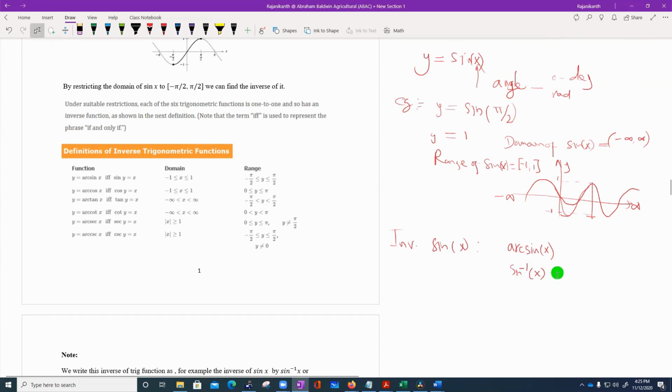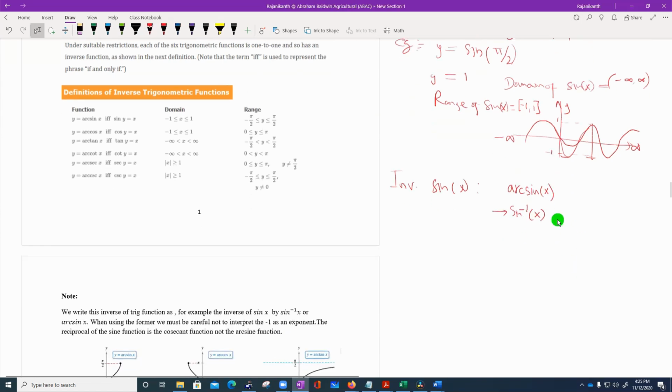No confusion: this is not negative power 1. This is inverse notation. So this is not equal to 1 over sine x. You should not interpret it in a mistaken way. This is not correct. This is just a notation we use for the inverse, like a negative 1 power. So you could use either one.